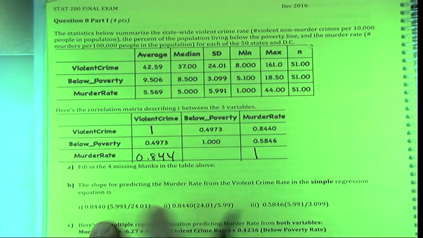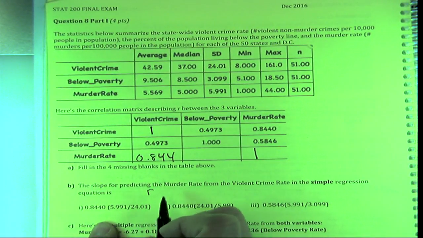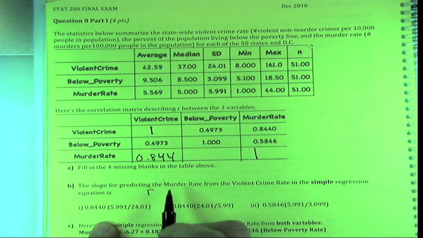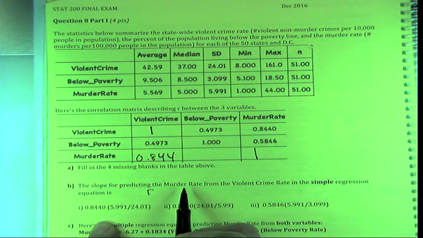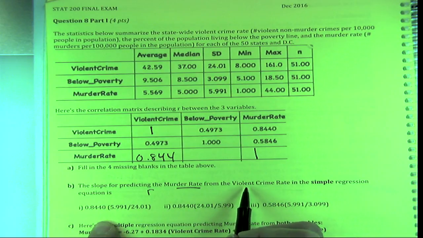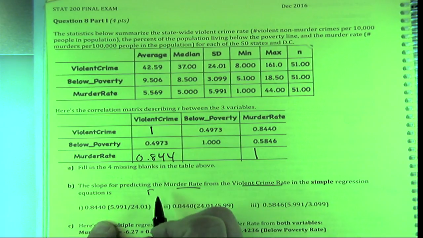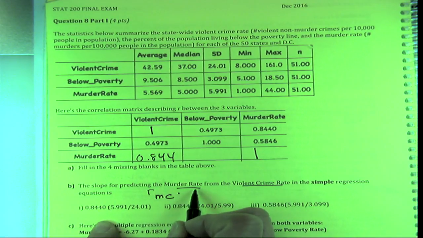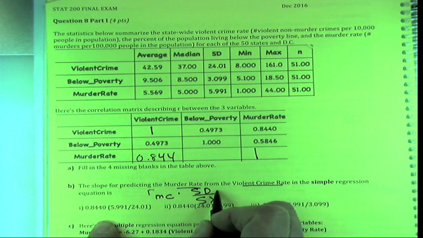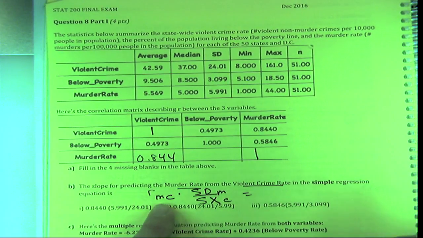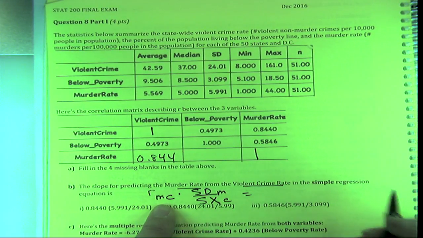Now, what's the slope? This is just R. The slope between what? Predicting murder rate from violent crime. So we want that R times the standard deviation of y over the standard deviation of x, so it'll be murder over crime. Okay, so R, which one is that?